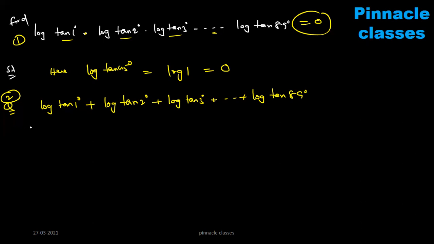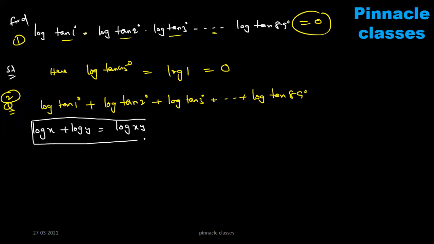Simple. The formula is log x plus log y is equal to log xy. So here also, logarithm of tan 1 degree into tan 2 degrees and so on up to tan 89 degrees. How to write?